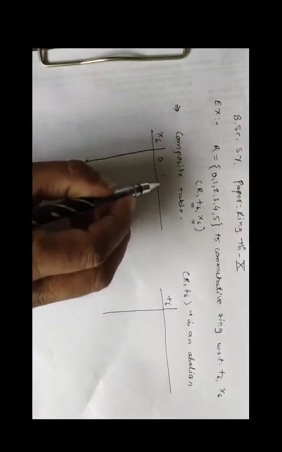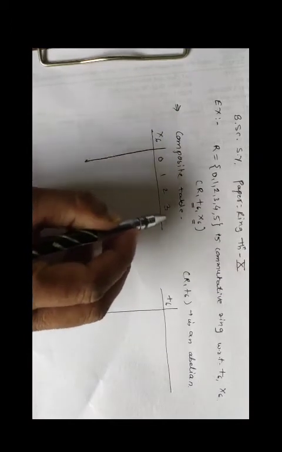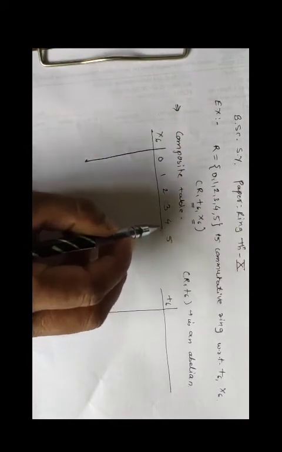Which elements are there? 0, 1, 2, 3, 4, 5 along the top and 0, 1, 2, 3, 4, 5 along the side.